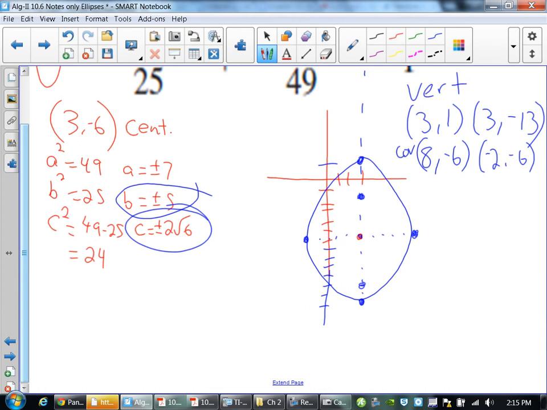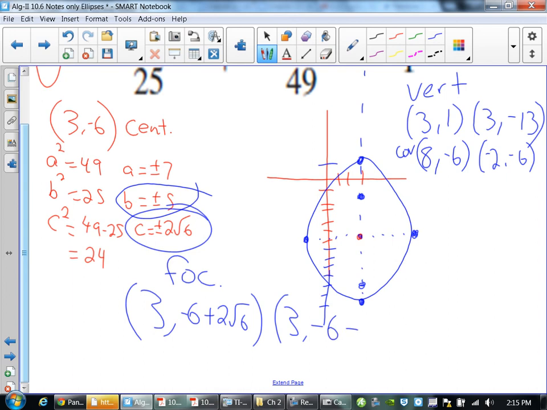Well, your focus then are going to be at 3 comma, because it's still going to be the same x coordinate, negative 6 plus 2 root 6, and 3 comma, negative 6 minus 2 root 6. And that tells me exactly where they are. If I just put it in the plus minus versions of the roots, I really don't care what the decimal is.